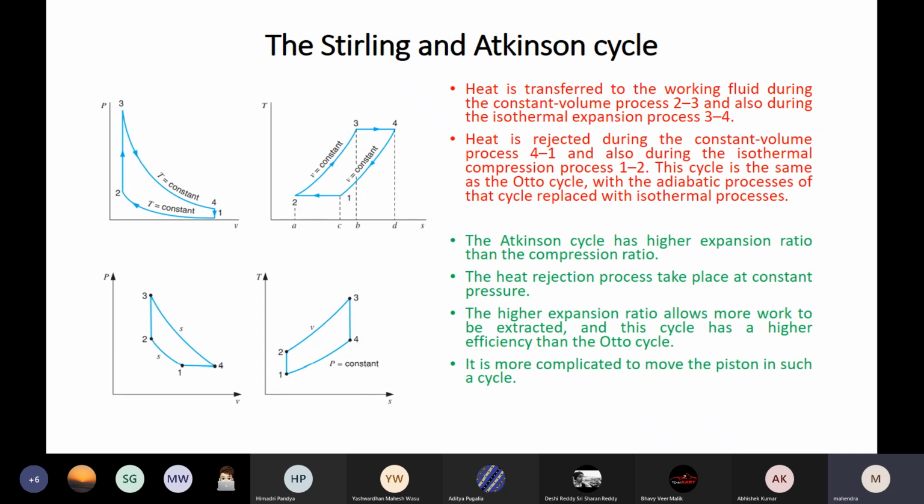And apart from that, here we have the Atkinson cycle. Here the constant volume heat rejection is replaced by constant pressure heat rejection. That also will be difficult, because if you see, the isentropic expansion process here is very long, and the isentropic compression is very short. However, here again it is constant pressure, but compression is taking place.